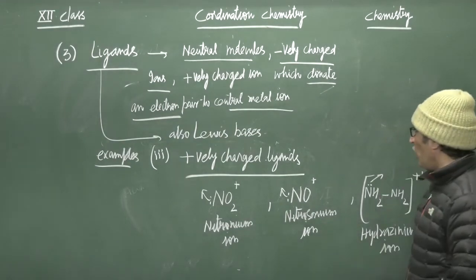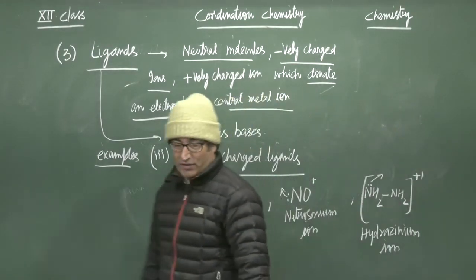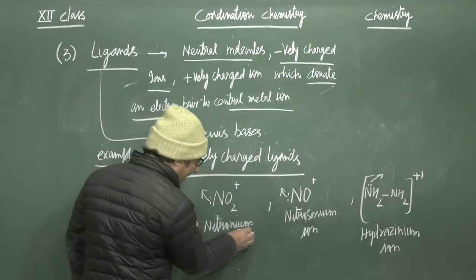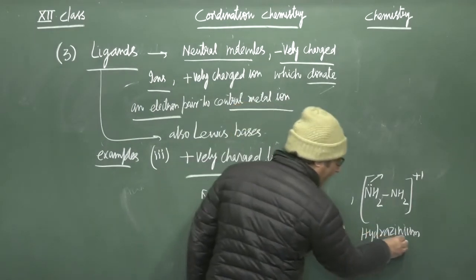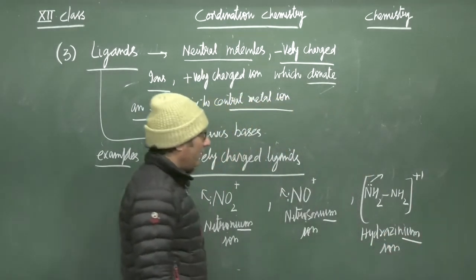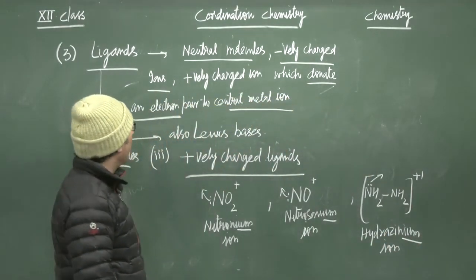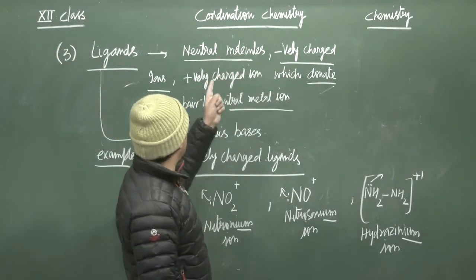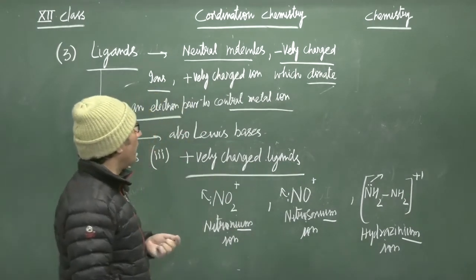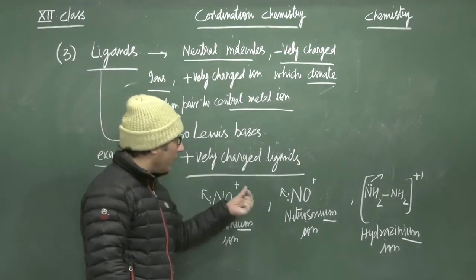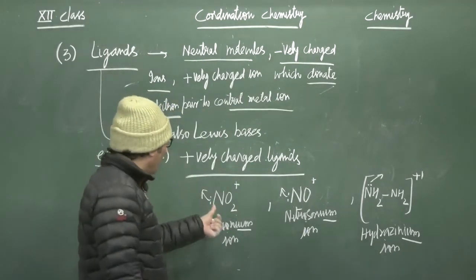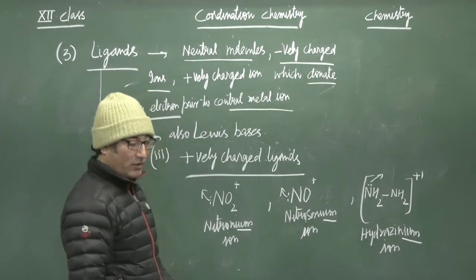So you must have observed one common feature in the nomenclature of positively charged ligands, that all of them end in the suffix -ium. -ium indicates that the ligands are positively charged. So ligands can be neutral molecules, they can be negatively charged, they can be positively charged, and all of them have one thing in common: they all contain at least one atom which has an electron pair it can donate. The atom which can donate an electron pair is the donor atom.